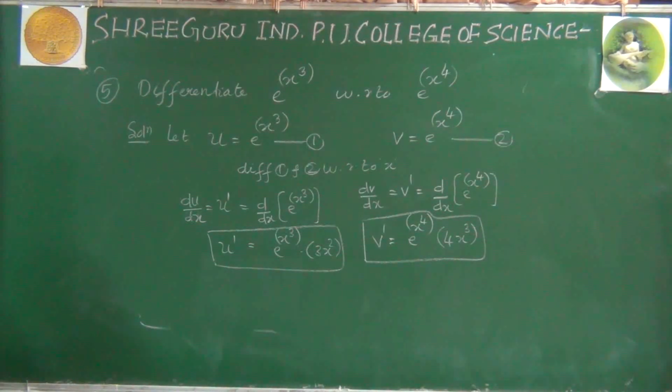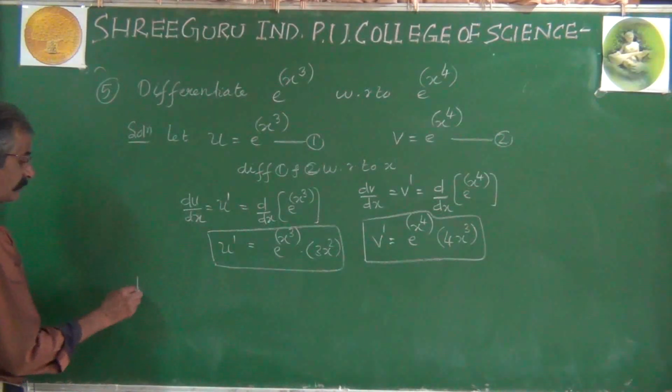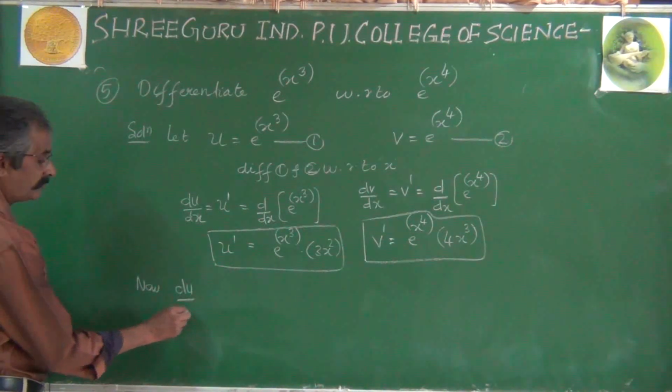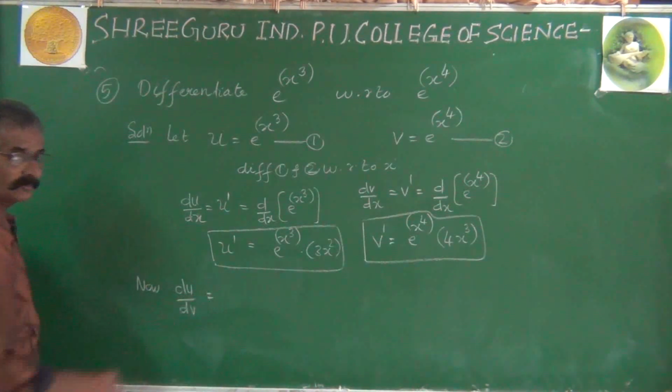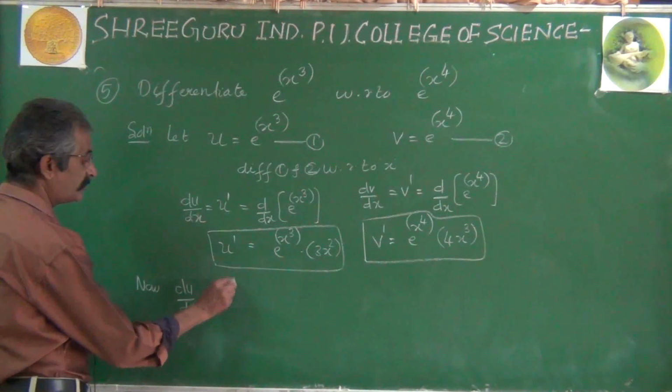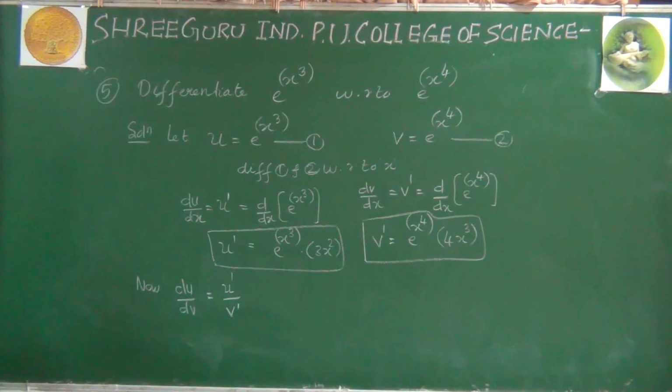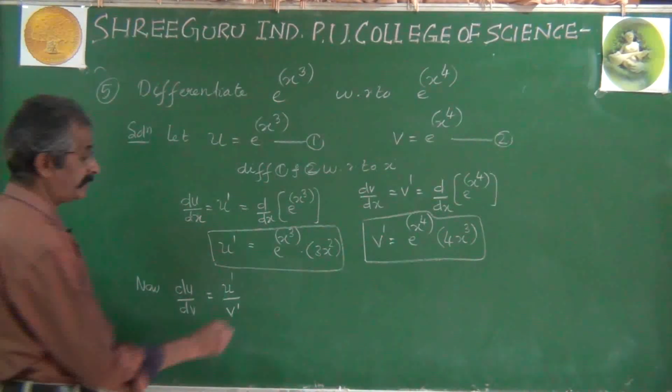Lastly, we require to get u dash divided by v dash. Finally, du by dv equals u dash divided by v dash. Substitute values of u dash and v dash.